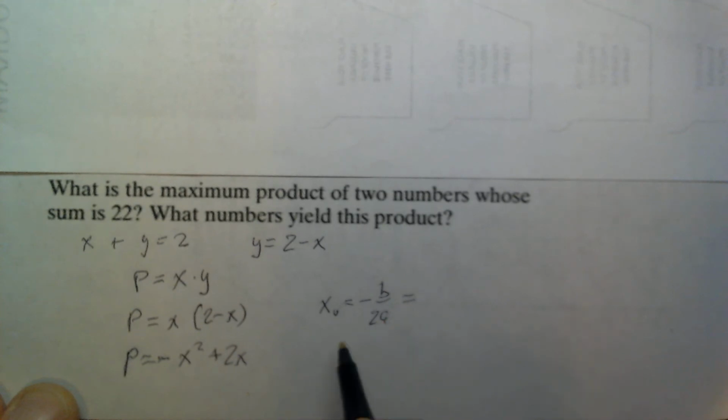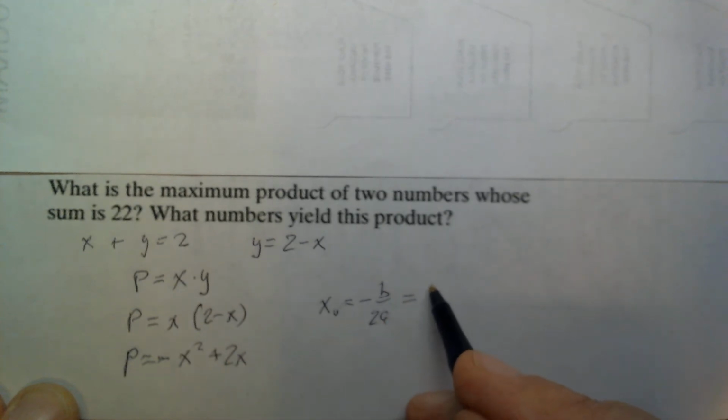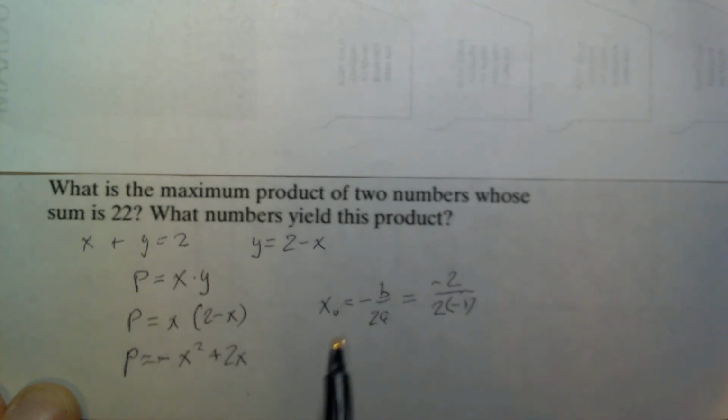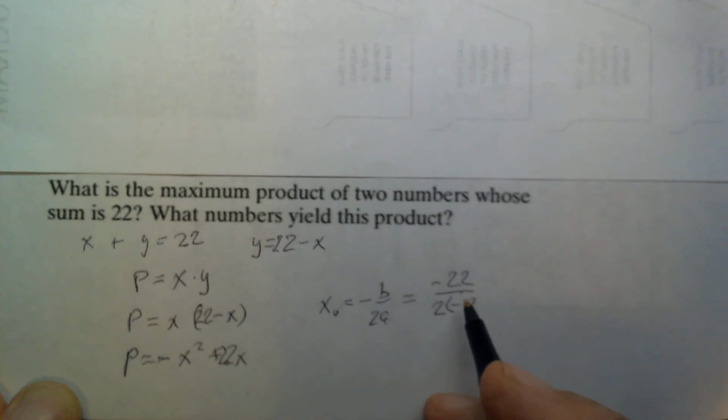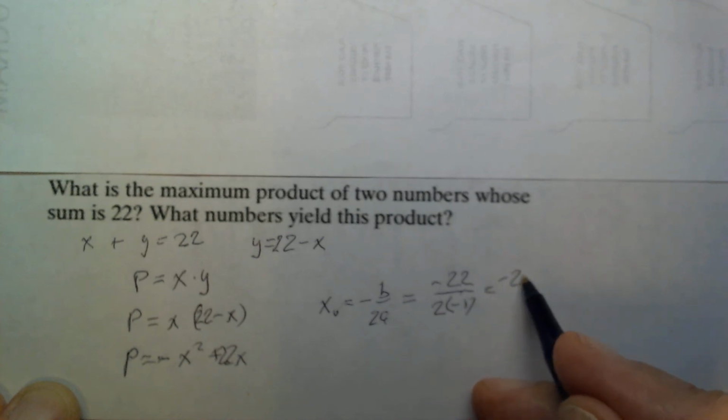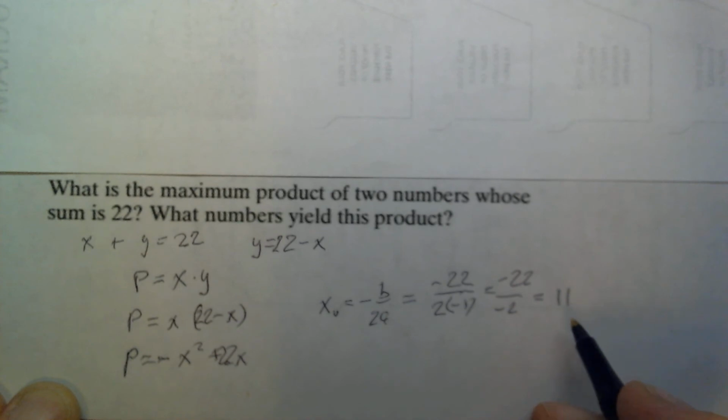So in this case, b is equal to 22, so minus 22 divided by 2 times minus 1. So it would be minus 22 divided by minus 2, and it would be 11.